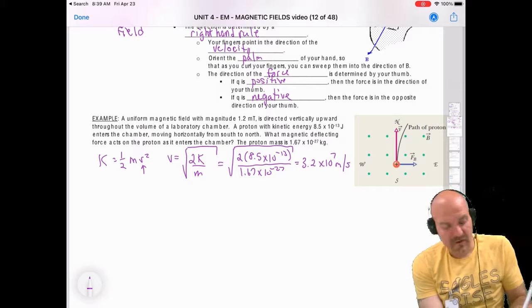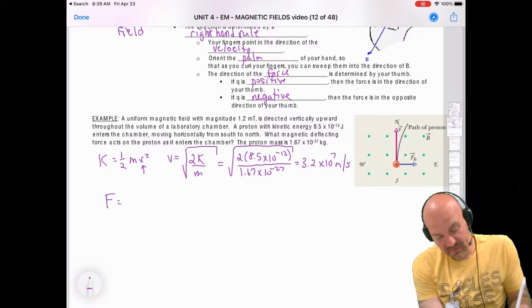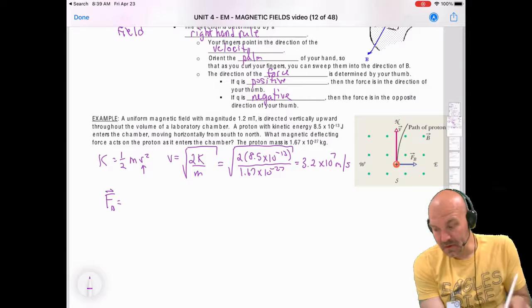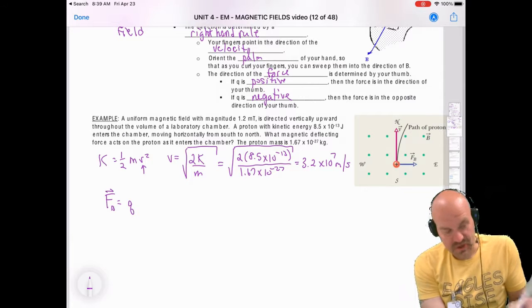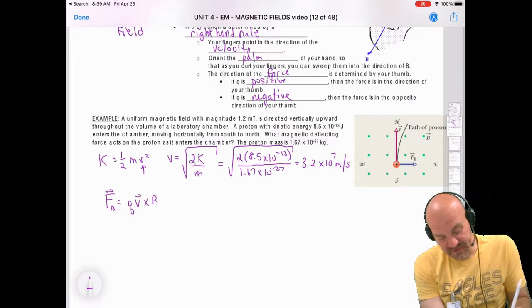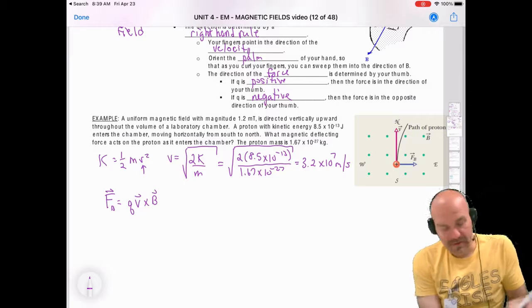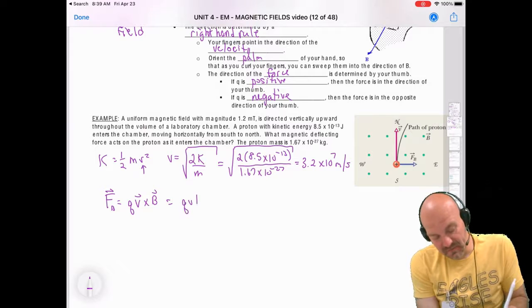Now we can use F sub B equals q, the charge, times V cross B. But we know that this simply breaks down to qVB sine theta.